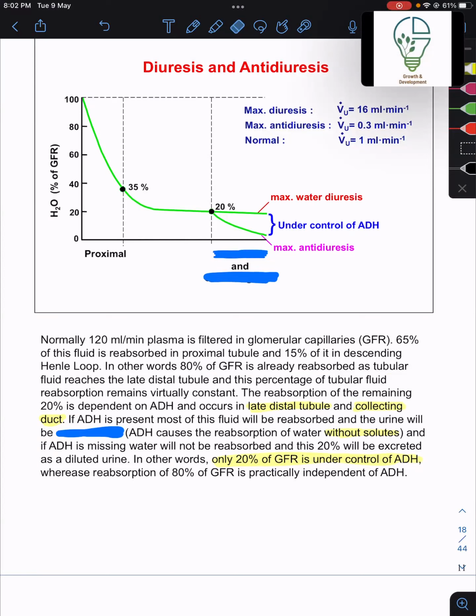Okay, I was looking for reabsorbed. Most of the fluid will be reabsorbed. Concentrated is also right. If you're looking at it from the perspective of the tubular fluid, that is true. If there's ADH, the tubular fluid is going to be more concentrated, which I believe is the second answer over here. Yes.